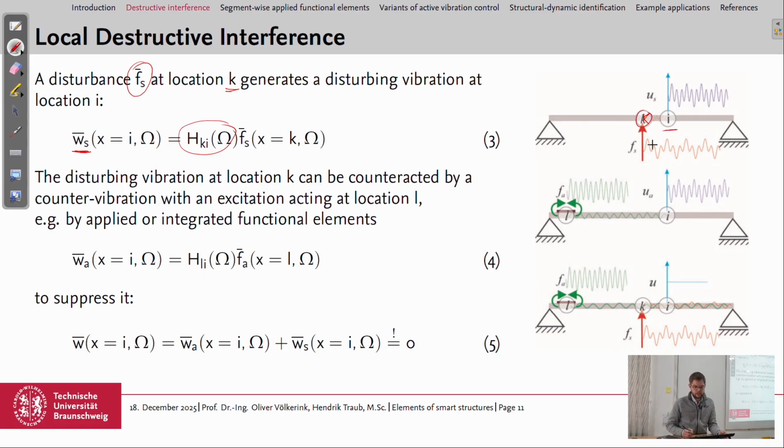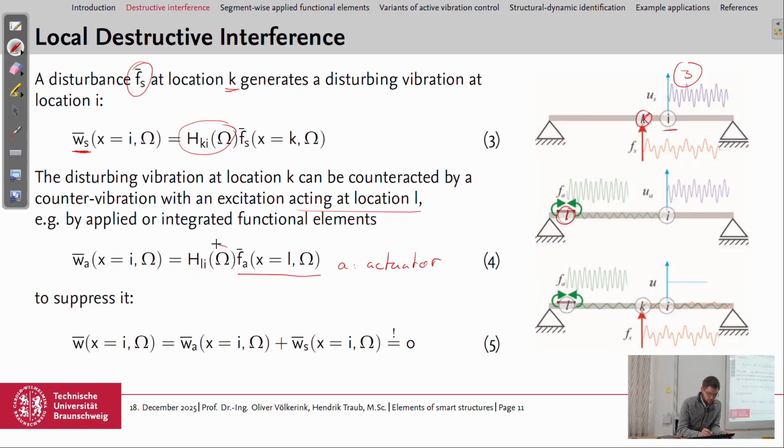So this function 3 would describe this signal here, and we can counteract it by a counter vibration with an excitation acting at location L. So we would have an actuator here, which also has a function, or we can also describe this excitation with this function Fa, A now for actuator.